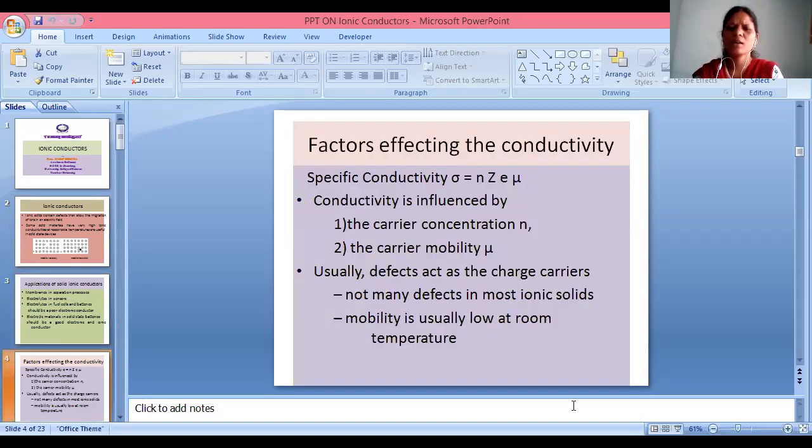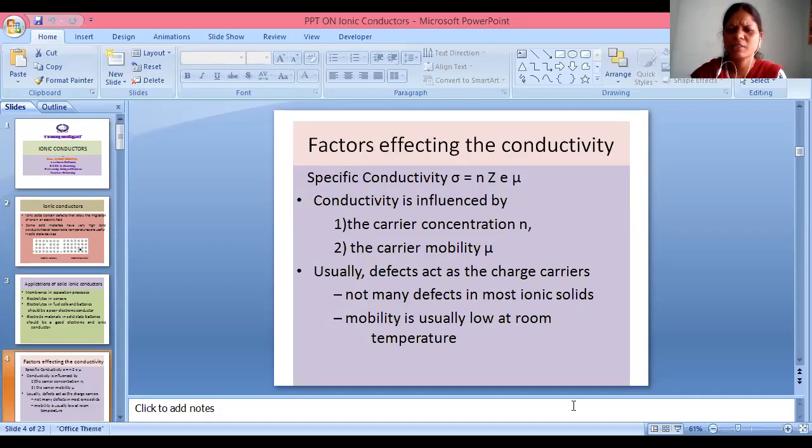See, what are the factors affecting the conductivity? First, conductivity is measured in terms of specific conductivity, given by sigma equal to n z e mu, where n is the number of charge carriers, z is the atomic number, e is the charge, and mu is the mobility of charge carriers.